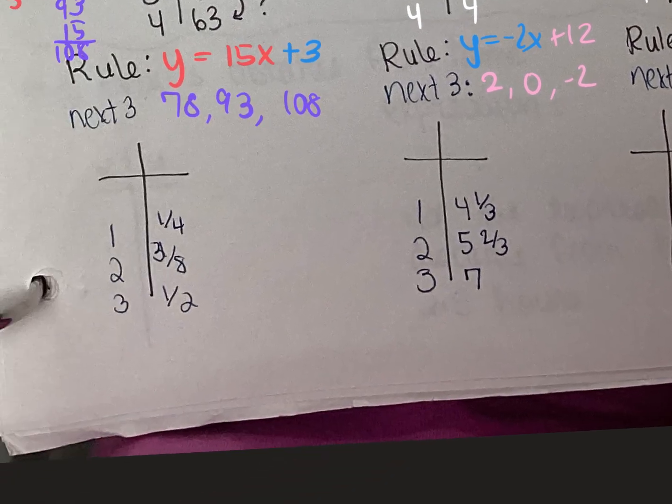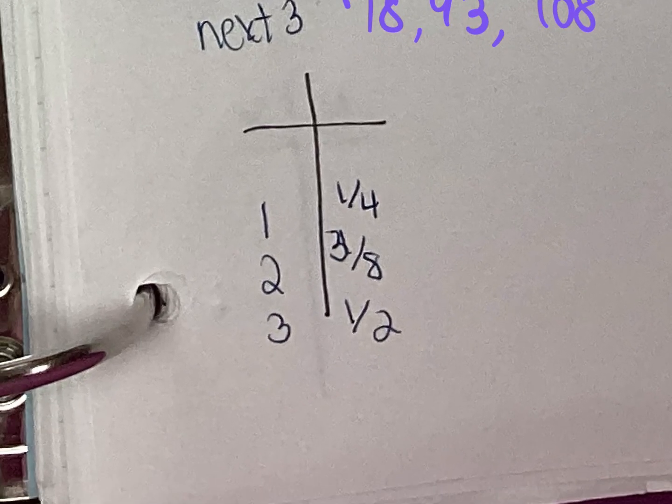Okay, let's go to the next question. What is the rule for this table? If you're not sure, you're going to take 3/8 minus 1/4 to figure out the pattern.